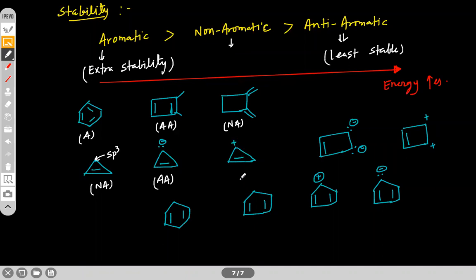So only 2 pi electrons, it is an aromatic compound. Tell me, any doubt in these three?